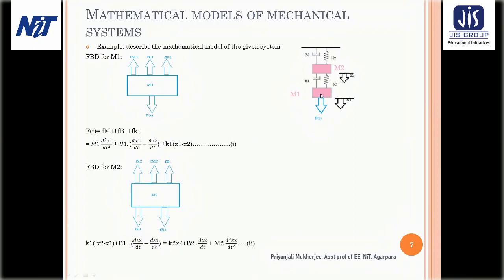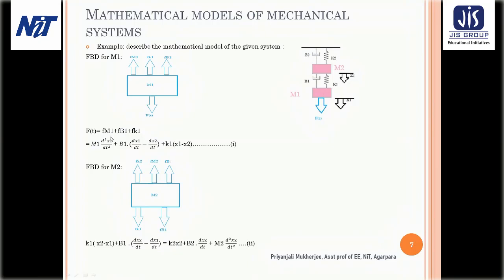Similarly, when M1 goes downward, that means B1 and K1 both are extended, and due to this, the forces of K1 and B1 will act outwards from the body. So the summation of all these three forces is equal to the opposite force f(t) according to the D'Alembert principle.